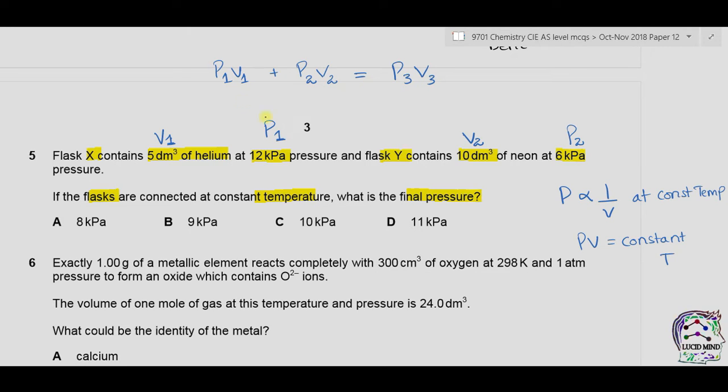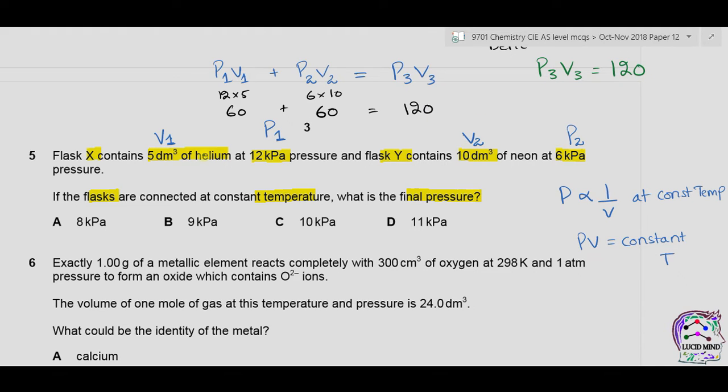Now putting values, P1 is 12 kilopascals and V1 is 5 decimeter cube, so it is 60. P2 is 6 kilopascals and volume is 10 decimeter cube, so again it comes equal to 60. So 60 plus 60 will be equal to 120. So P3 into V3 equals 120.